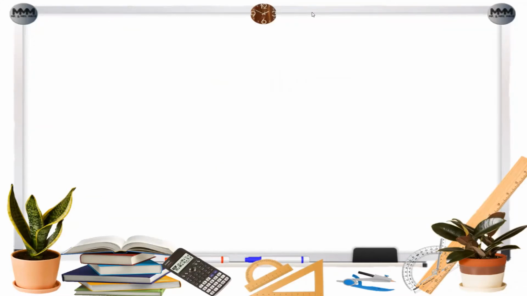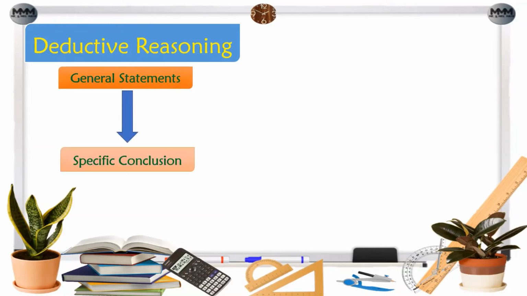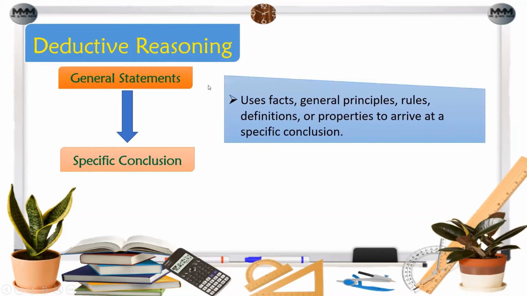Now, you have deductive reasoning. What is deductive reasoning? It is based from general statements to a specific conclusion. Now here, from general statements, we use facts, general principles, rules, definitions, or properties to arrive at a specific conclusion.